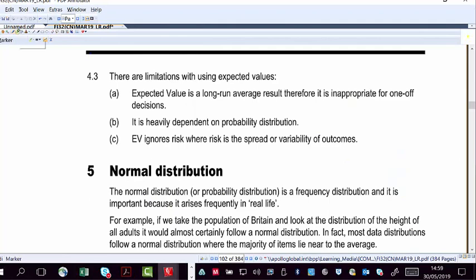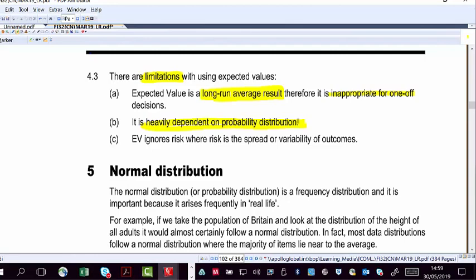The learning outcome just asks us to calculate an expected value, but again it is useful to know some of the limitations. That expected value is a long run average result, so it's not the actual outcome, but it's based on the long run average, and therefore it could be inappropriate for a one-off decision. As we've seen with the gambler and the horse coming in the different places, it was based on past information. It's heavily dependent on the probability distribution, so we can see that our expected value was very low at 15.